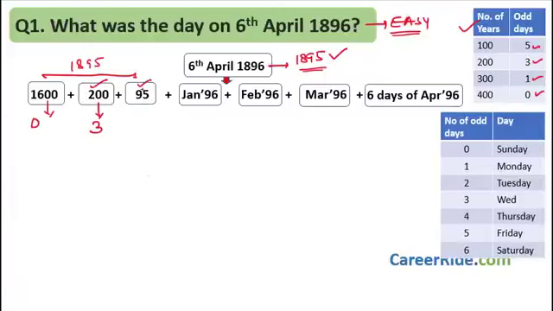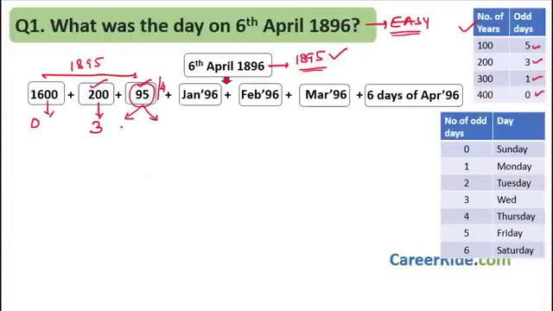Now these 95 years can be written as a combination of leap years and non-leap years. If I divide 95 by 4, I'll get the number of leap years. What happens when I divide 95 by 4?